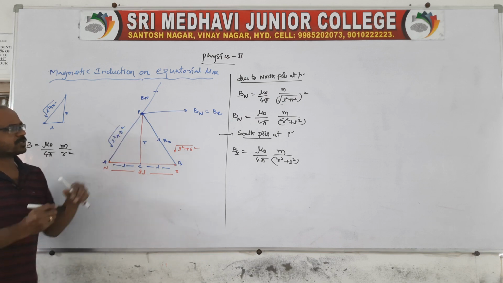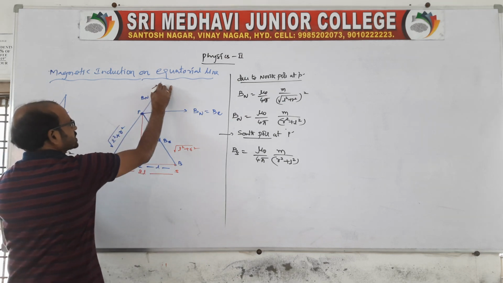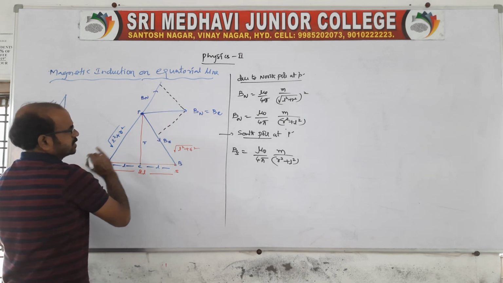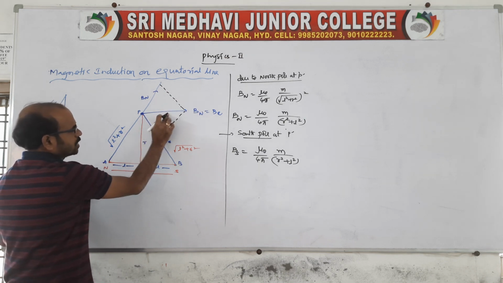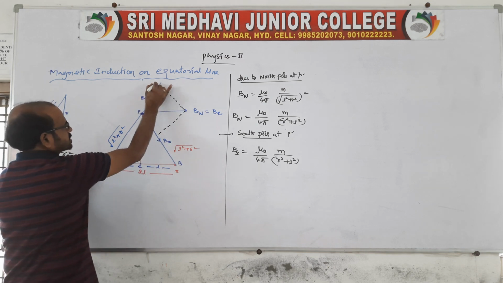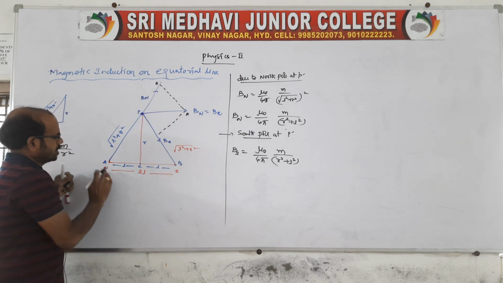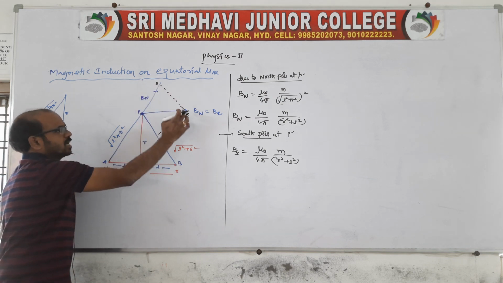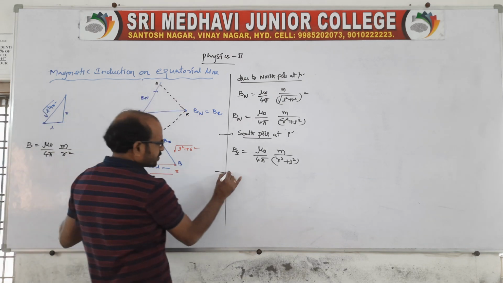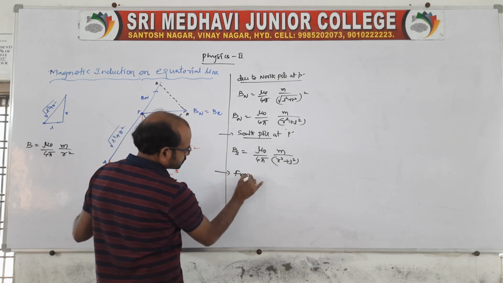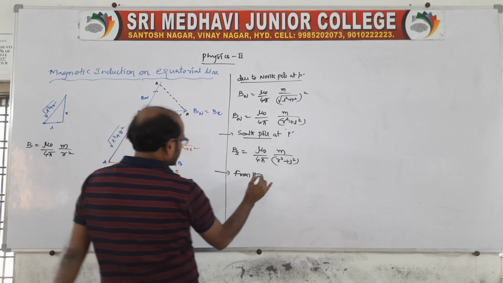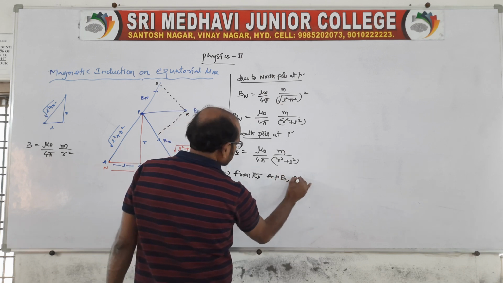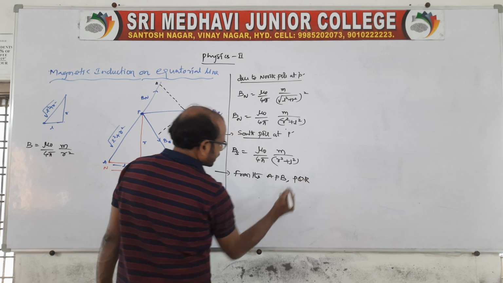Now, at this point, let us construct a parallelogram by extending the lines. This is the resultant. Now there are similar triangles; name the points Q and R. A, P, B is one triangle and P, Q, R is another triangle.